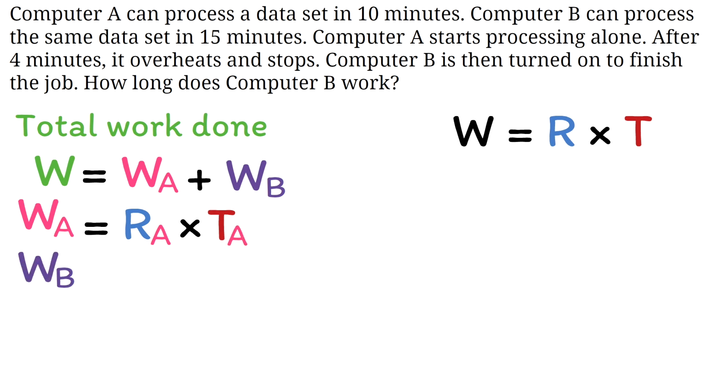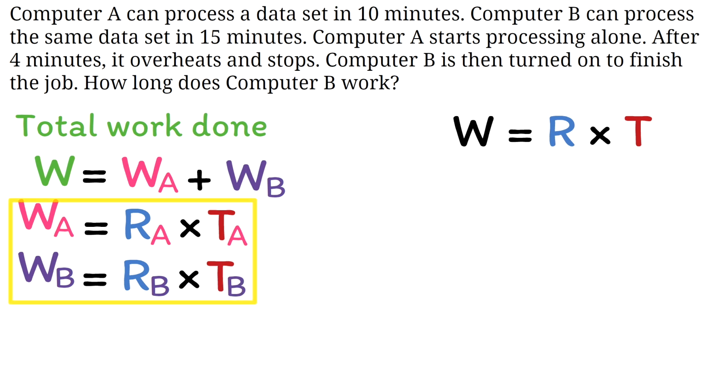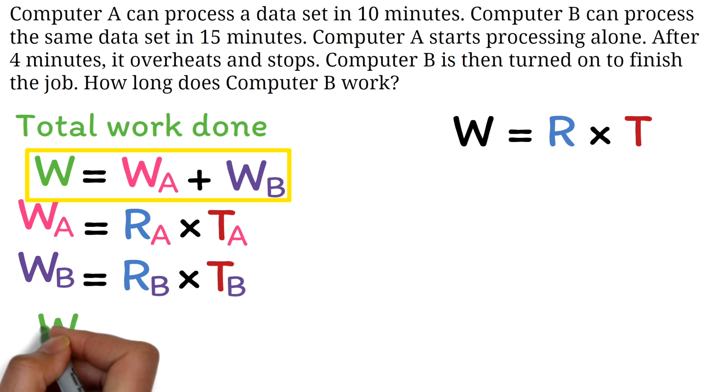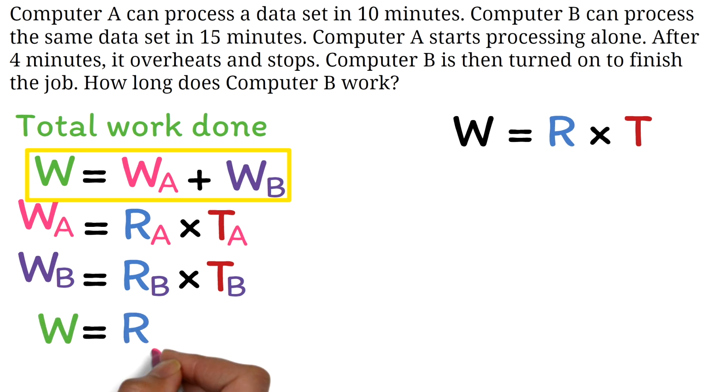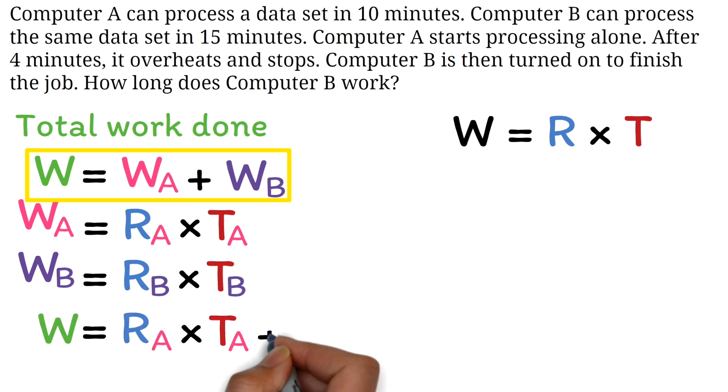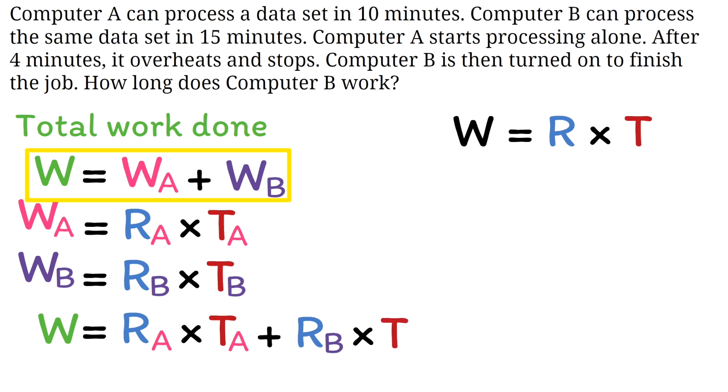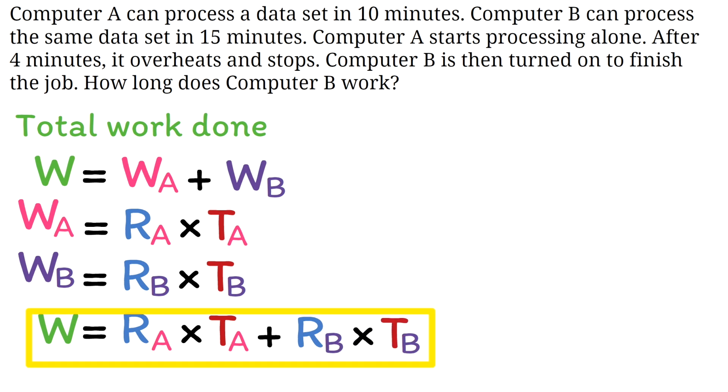Similarly, the work done by computer B will be its rate RB times its time TB. If we substitute these two formulas into the first one, we'll have the total work done by both computers equal RA times TA plus RB times TB. This is the formula for the total work done, and we can use it to answer the question.